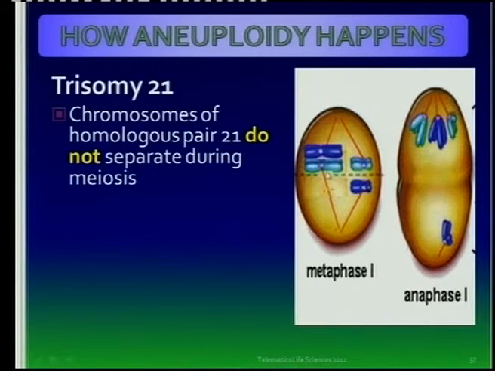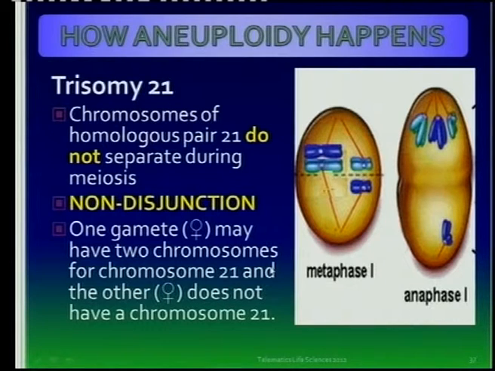There you see they do not separate, the inability of the homologs or bivalents to separate during meiosis. What happens is that 3 chromosomes in this instance go to the 1 pole and 1 only to the other, so this gamete will end up with 1 less chromosome, and that gamete eventually will have 1 extra chromosome, and this is how non-disjunction can cause aneuploidy.